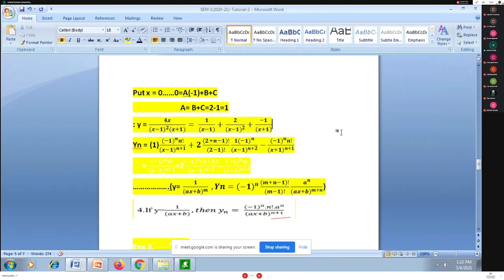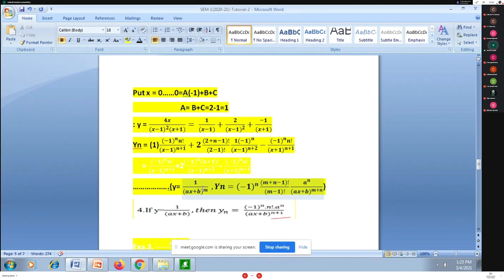Now concentrate on the second term. For second term, I am applying this 1 upon (x plus b) raised to m formula. This formula is applicable whenever we are having m strictly greater than 1. Yes, so here I'm having m is equal to 2. Concentrate on my cursor here.